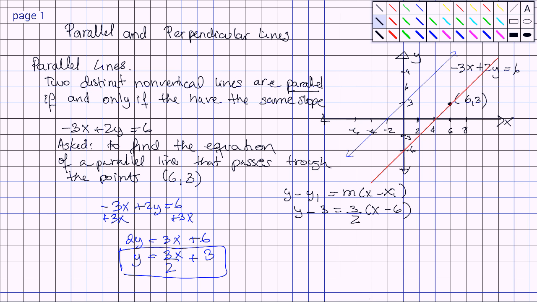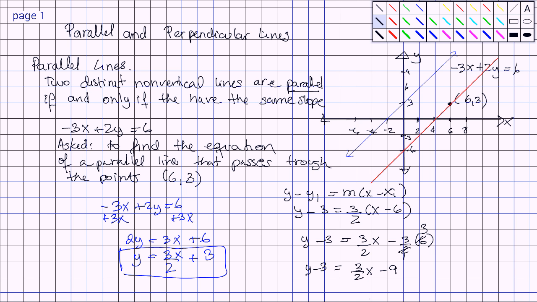If we want to find it in y-intercept form, we have to solve for y. So I'm going to first use the distributive property. I have 3/2 x minus 3/2 times 6, right? So we have y minus 3 equals 3/2 x minus 9.